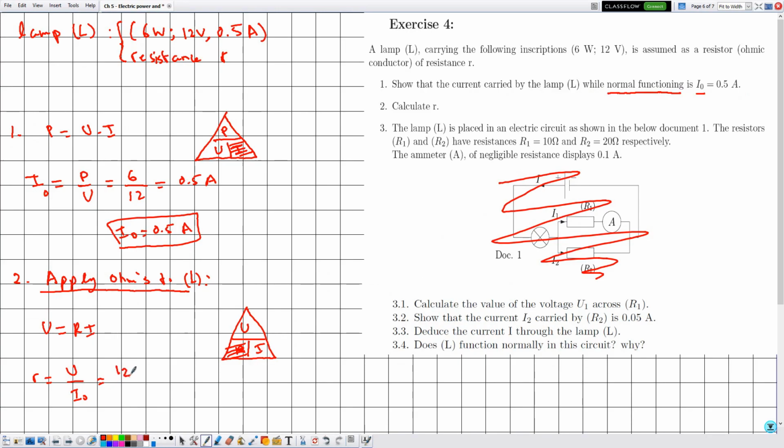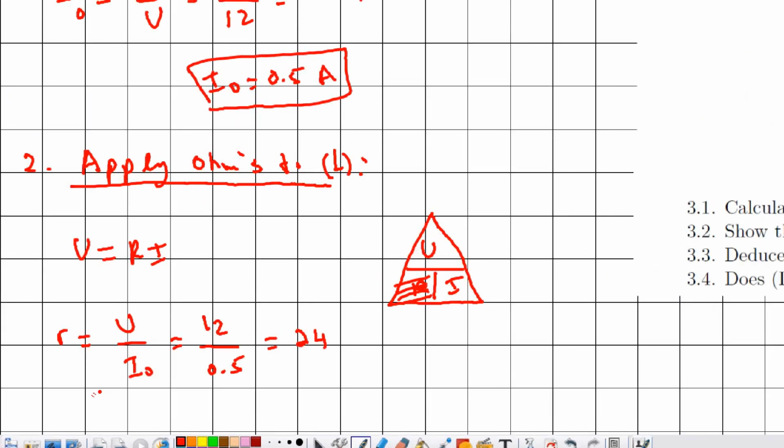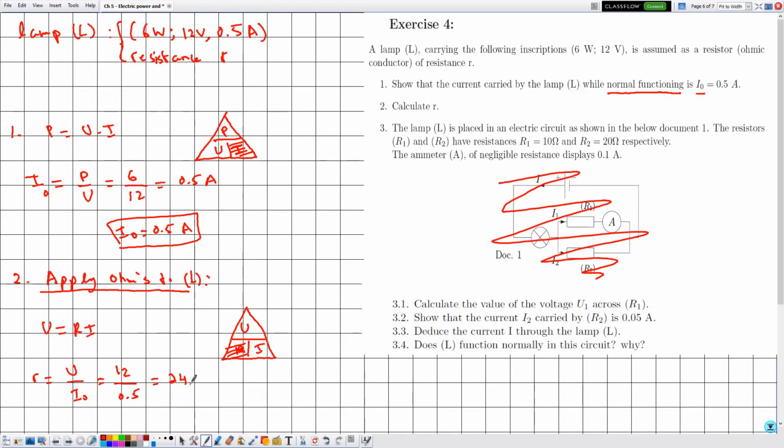So 12 divided by 0.5 will give us 24. Since U is in the SI and I0 is in the SI, so the value of R will be in the SI, which is ohms. So R is equal to 24 ohms. Let me write here that the resistance R is equal to 24 ohms. All of these analyses are done to the lamp L, and yet L is not connected to any electric circuit.